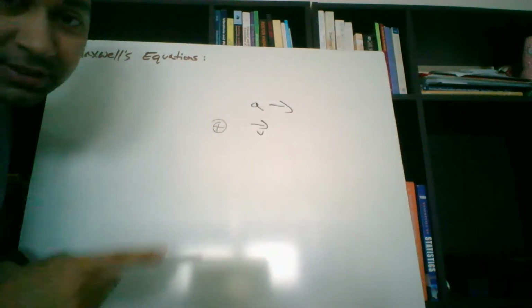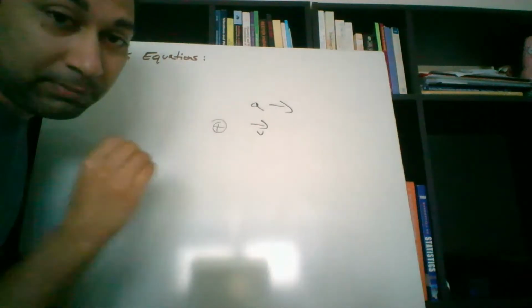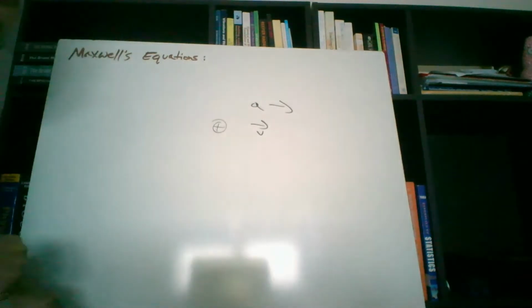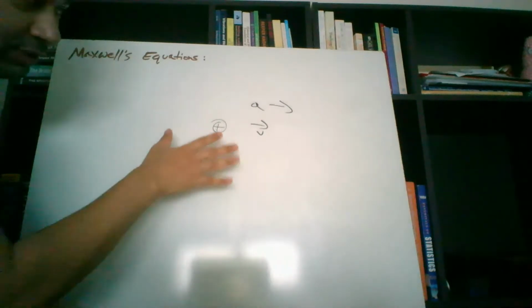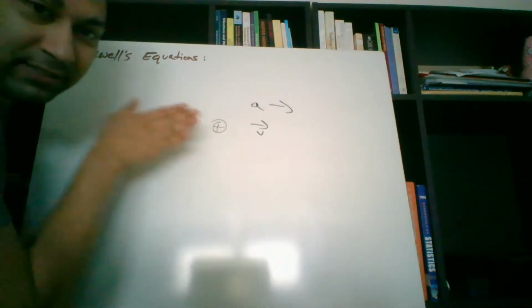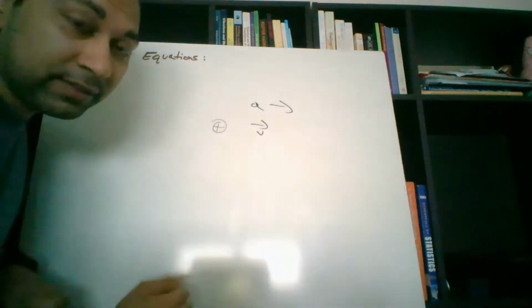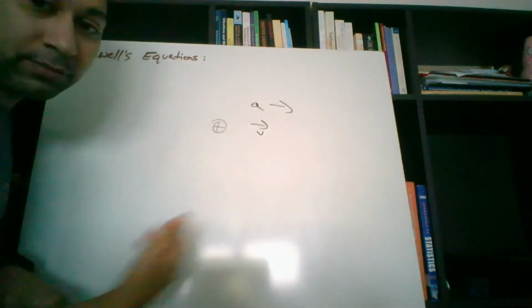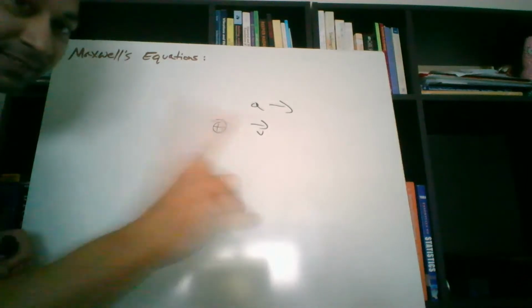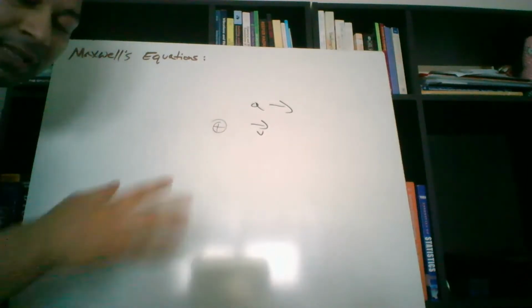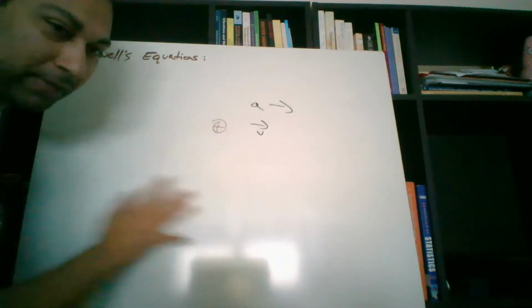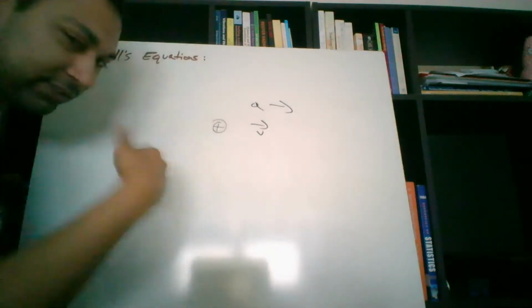Accelerating charges create an electromagnetic wave, okay? So they create electromagnetic radiation. So if this charge is not only moving, but it's accelerating, then it's going to emit an electromagnetic wave. That's something new. We haven't talked about that yet. And when we're done with all our math and all this other stuff, I'll get to why that is.